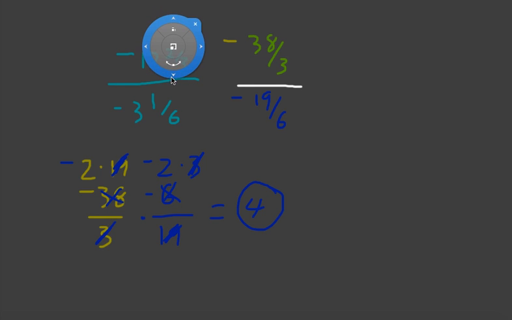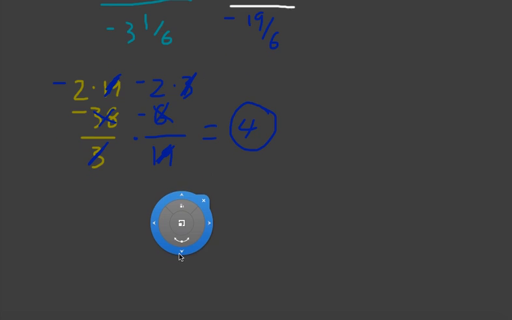Let's move on to 3. 3 is on page 296 if you have your book. And I'm going to probably just do 2 of these, okay? Let's first do 3D.